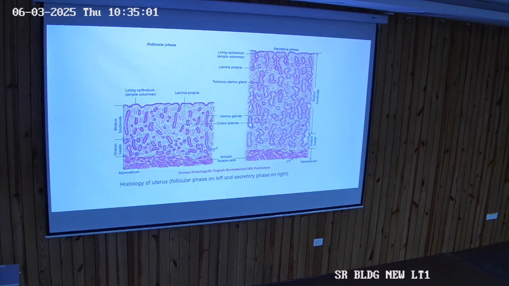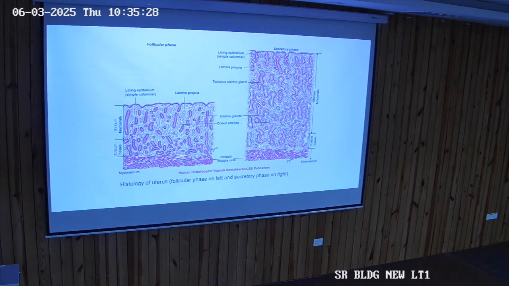This is a histological picture that you will be seeing in the lab also. How this single layer is different in the two phases. You can compare the size of endometrium, how much difference it is. It is an appreciable difference between the proliferative phase and the secretory phase.